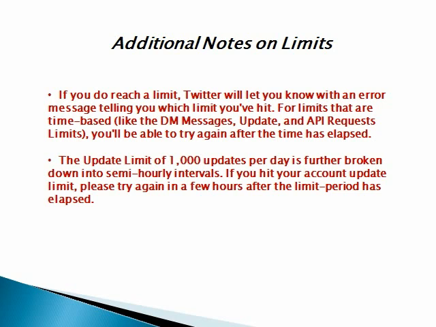The update limit of 1,000 updates per day is then further broken down, so you can actually hit these limits within hourly intervals. And you're just going to have to wait and try again in an hour or two and see if the limit period has elapsed. In most cases it will.